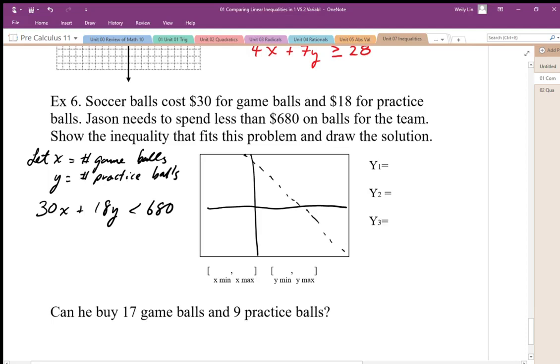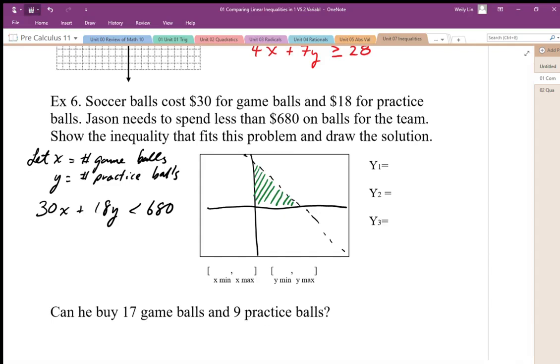Because my domain is restricted here, I can't have negative x's and negative y's because I can't have negative game balls and negative practice balls. This represents my inequality, so I need to have the cost be below that line.